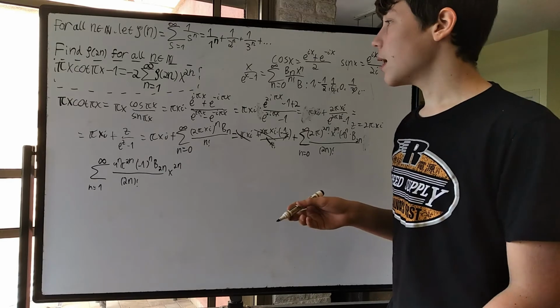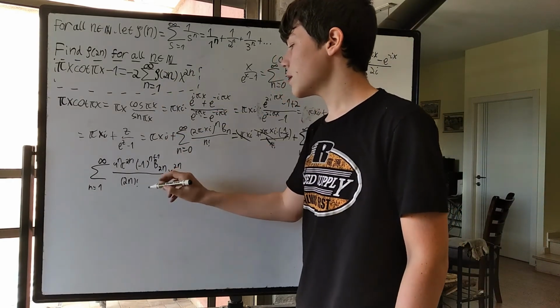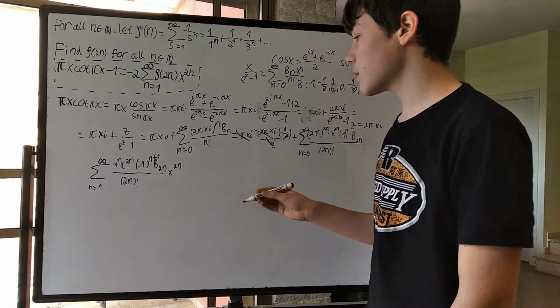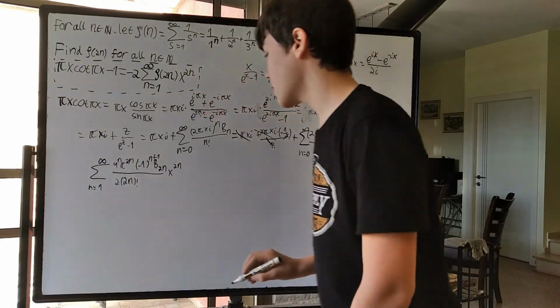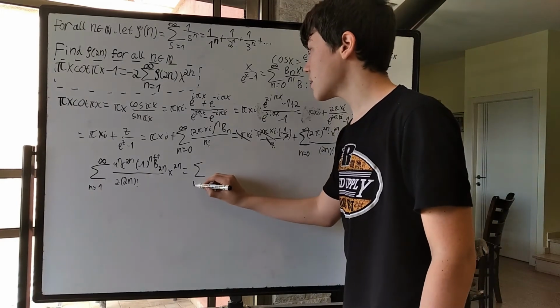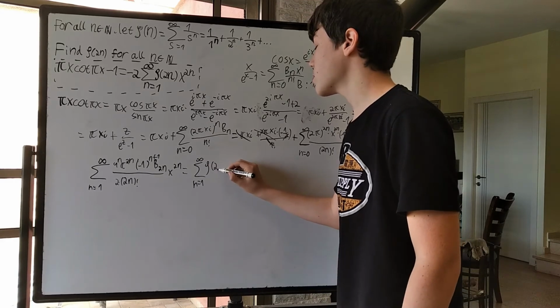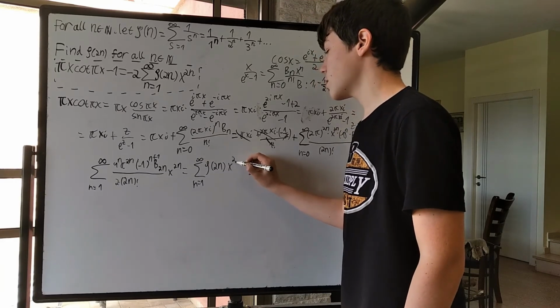Meaning that I can just divide by negative 2. So this turns to negative 1 to the power of n plus 1. And we have a 2 in the denominator there. This is the sum as n goes from 1 to infinity of zeta of 2n x to the 2n.